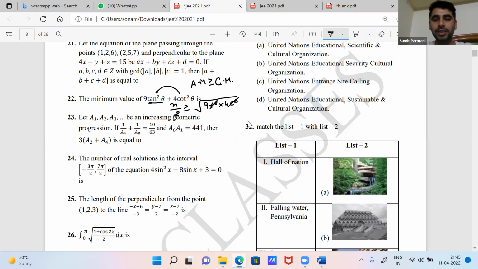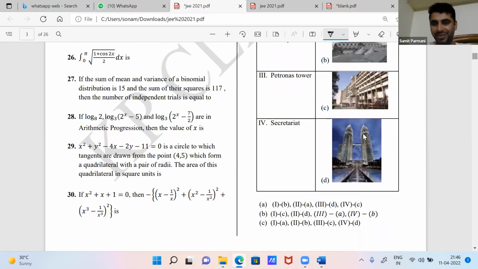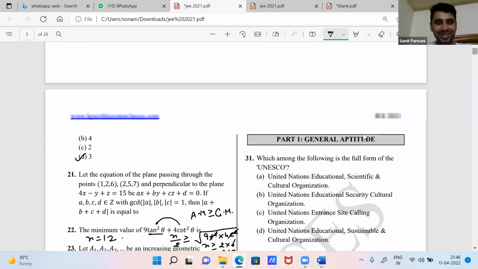This will cancel this. So X is greater than or equal to 2 into 6, so X is greater than or equal to 12. So the minimum value is X = 12. This is the first one we have. Second one, direct one. There is no other direct question.